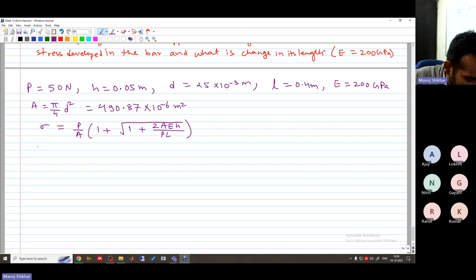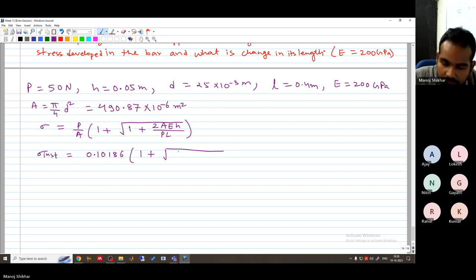So sigma instantaneous will become 0.010186 into 1 plus square root of 490,870.